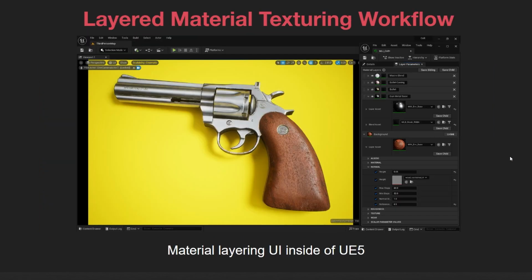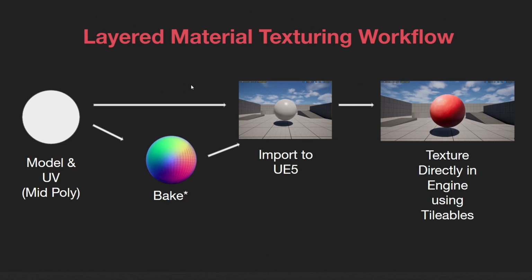So our new way is using a layered materials workflow. Here's an example of what it looks like inside of Unreal Engine with the new layered material UI that we have on the side here. Now, the difference between the standard texturing workflow and a layered material workflow is, of course, we have our standard model and UV, but we don't necessarily need to bake.